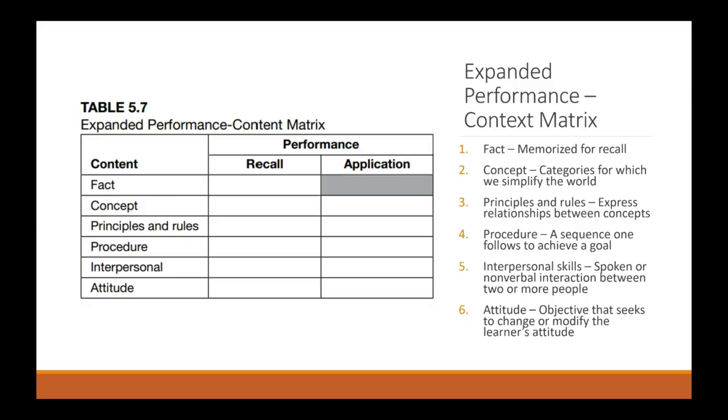So we put every item into its own category, to simply classify things into different categories, and then we develop a concept. Principles and rules express relationships between those concepts.